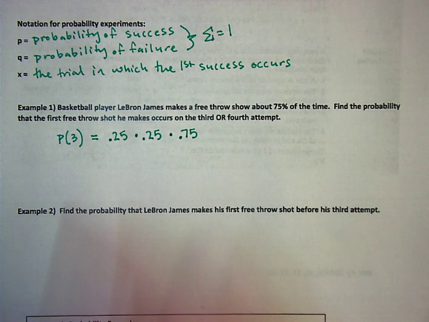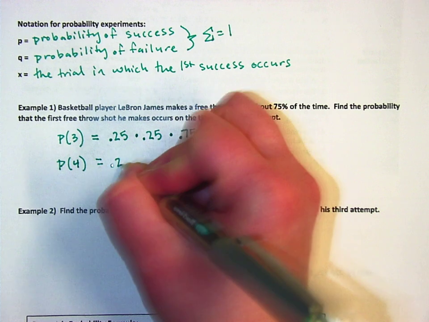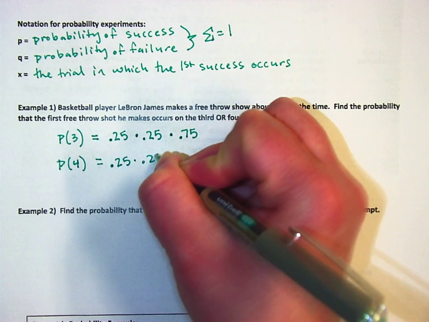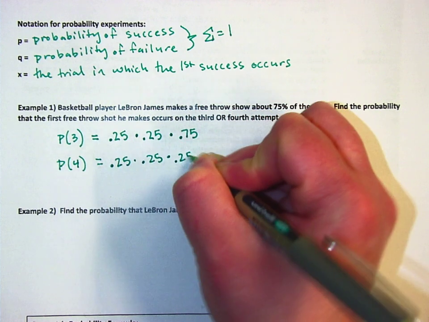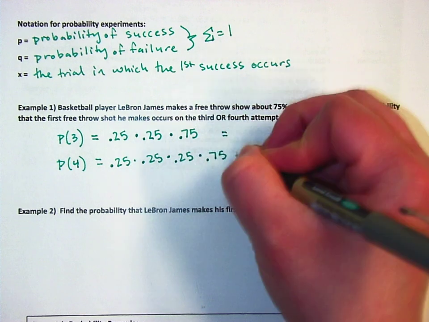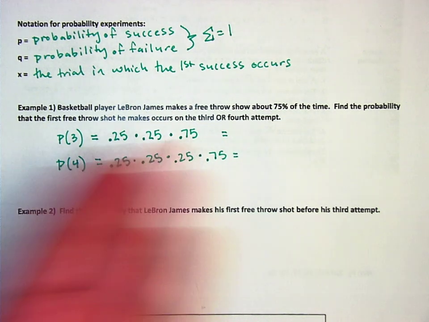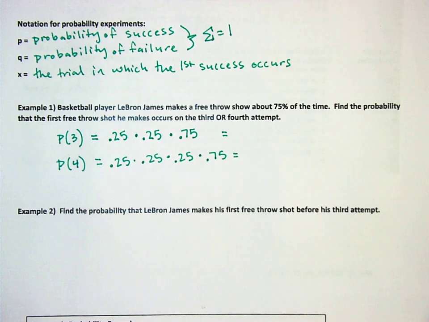The third time. Same thing, probability of the fourth is 0.25 times 0.25 times 0.25 times 0.75. So notice that there's only one success, and that all the failures are the times that they didn't succeed. So there could be lots of failures, but only one success, and then it ends.